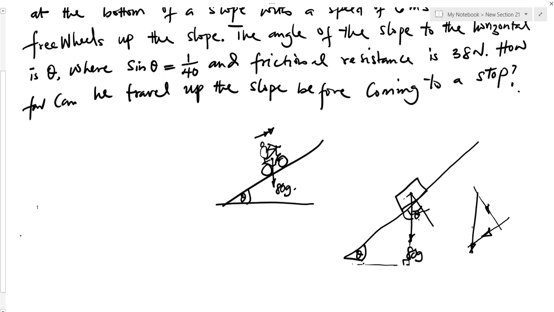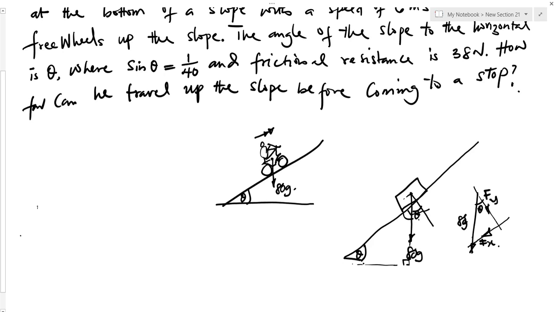So the resolution of this weight, which is 80 g, with theta here, let me say this is the y and this is the x of it. So with that force, let me say F subscript y, F subscript x.